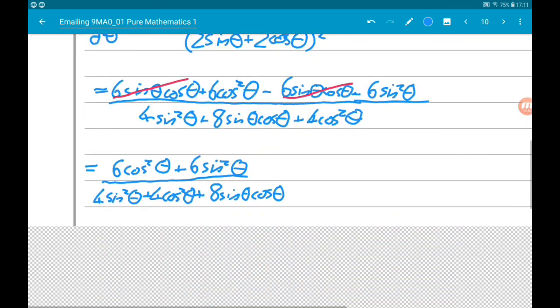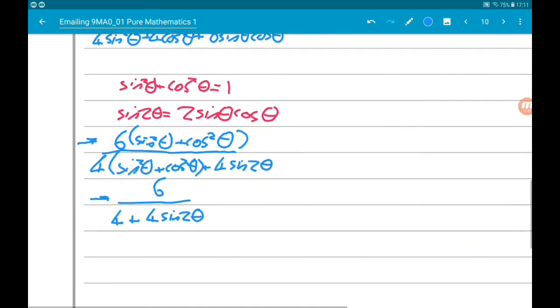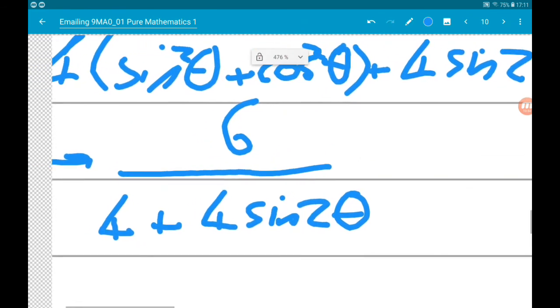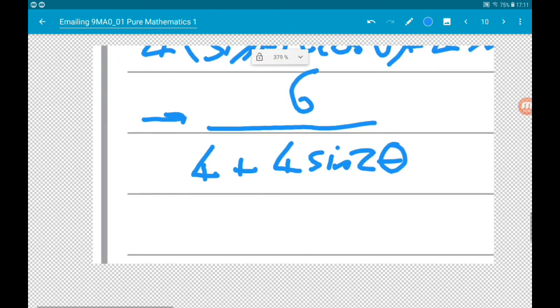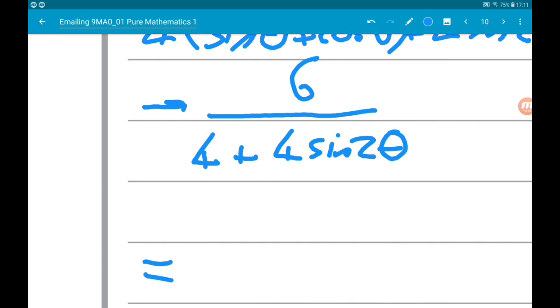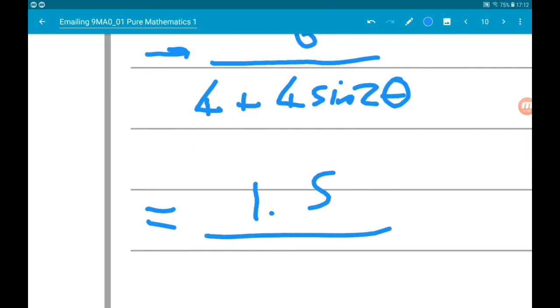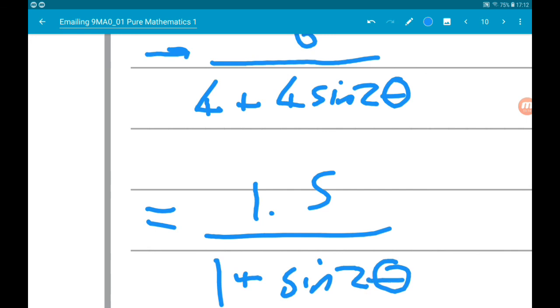So what we can do now is divide everything through by 4. So we're going to get 6 divided by 4 is 1.5. So we get 1.5 over 1 add sine of 2 theta. Job done.